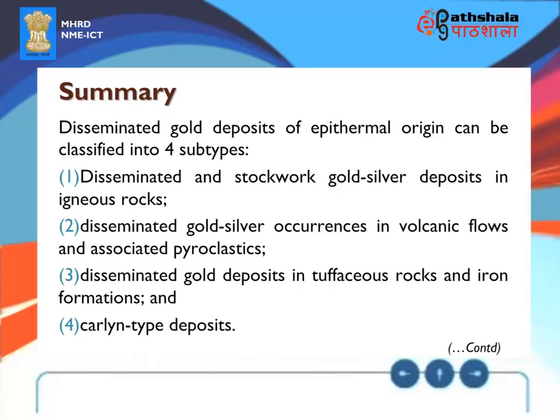Disseminated gold deposits of epithermal origin can be classified into 4 subtypes. 1. Disseminated and stockwork gold-silver deposits in igneous rocks. 2. Disseminated gold-silver occurrences in volcanic flows and associated pyroclastics. 3.